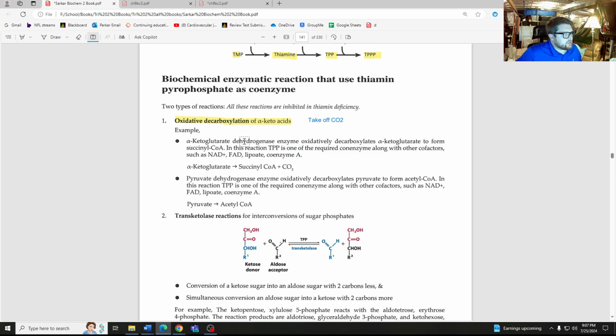Alpha ketoglutarate dehydrogenase enzyme, that alpha ketoglutarate from the Krebs cycle, the dehydrogenase enzyme oxidatively decarboxylates alpha ketoglutarate to form succinyl-CoA. There's just that example. TPP is one of the required enzymes along with other cofactors such as NAD+, FAD, lipoate, coenzyme A. This is just describing that reaction within the Krebs cycle.